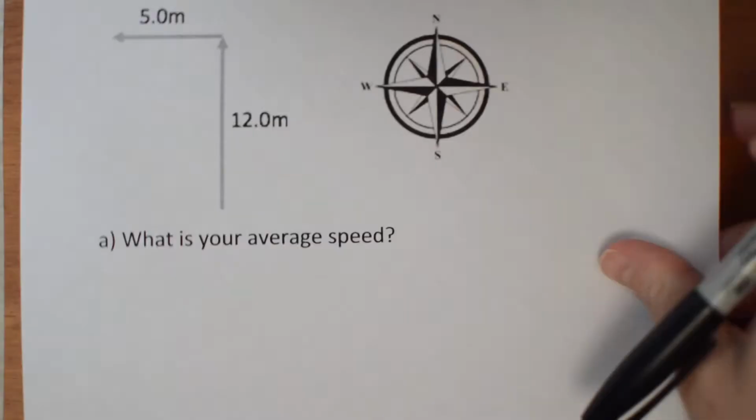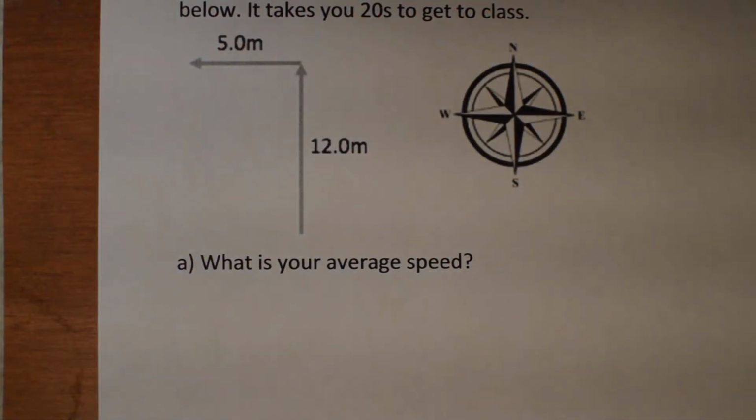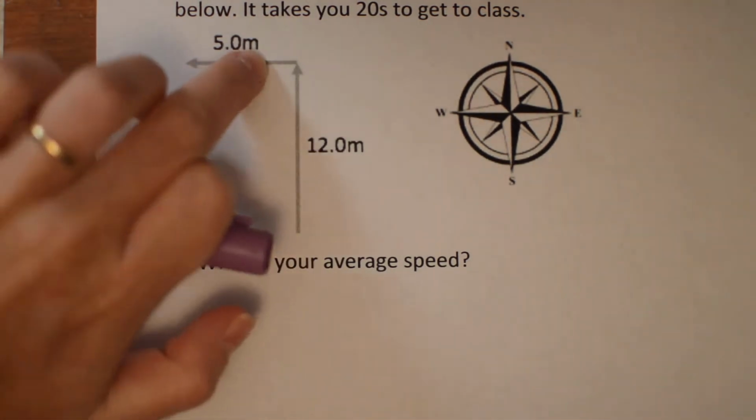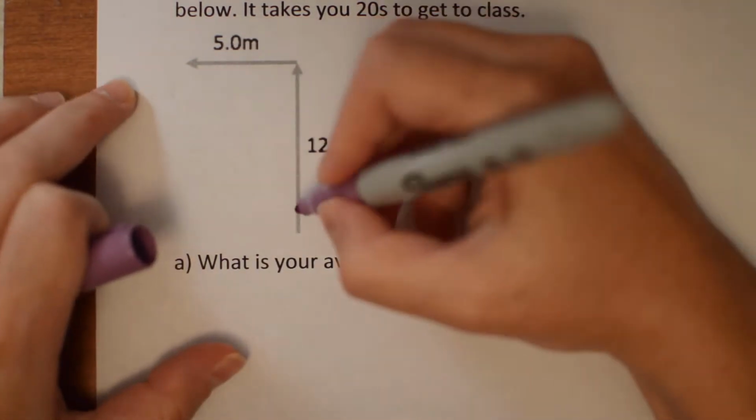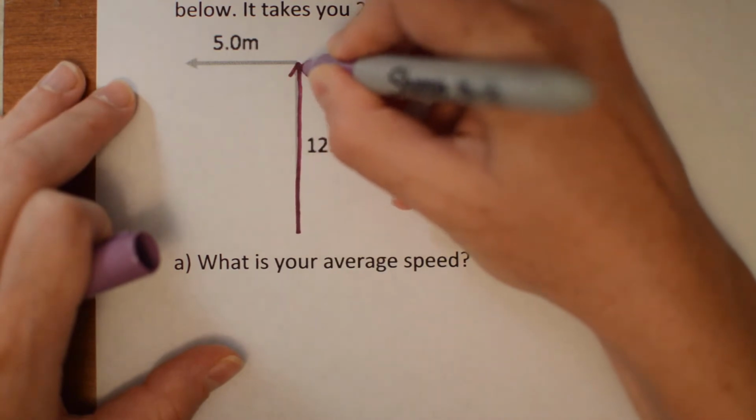Okay, our last example of this average velocity and average speed stuff, we're going to do a SOHCAHTOA one. So if we're walking to class, say we walk 12 meters north and then 5 meters west, this right here is our distance.